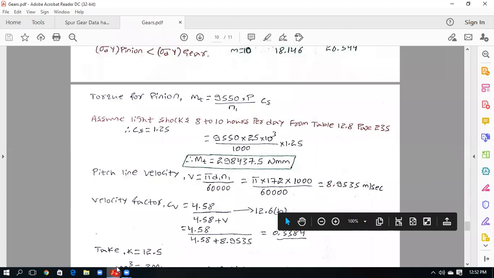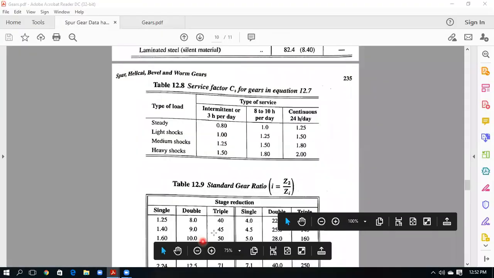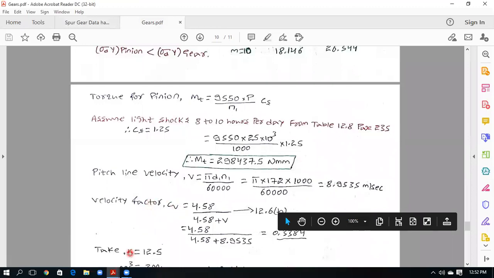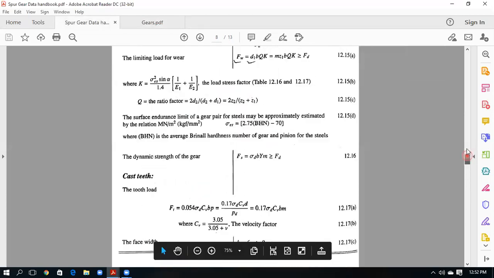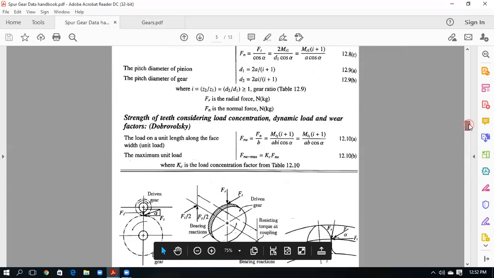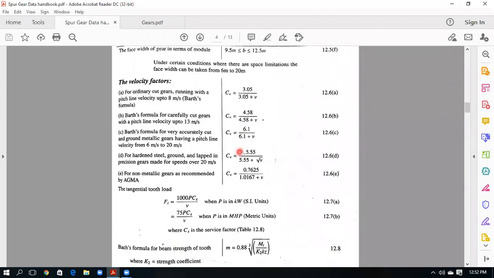For that reason, the CV value, that is the velocity factor which you are going to take, depends upon the velocity. Our obtained velocity is 8.9. Here you can see that if the velocity is less than or up to 8 meters per second, you can choose the 12.6 a equation.